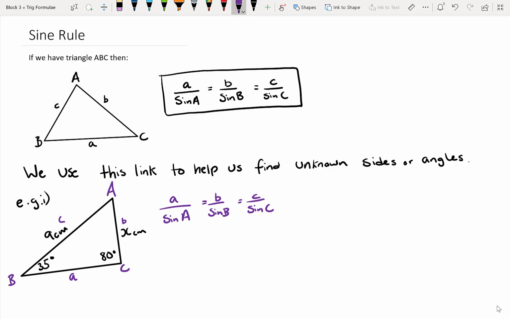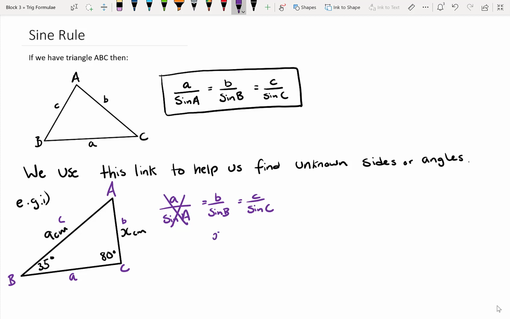I don't know anything about side a, nor do I want to, and I don't know anything about the angle at A. So I don't know anything in that first fraction. What that means is I should be able to fill in information for the other two. The side, little b, is the one I want to know.